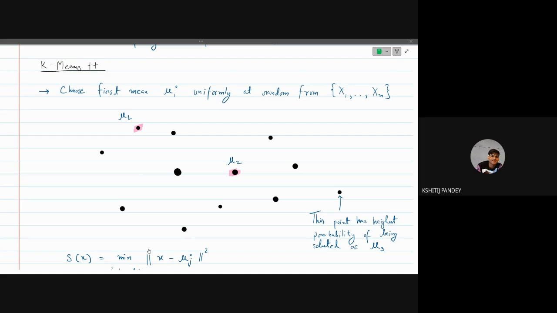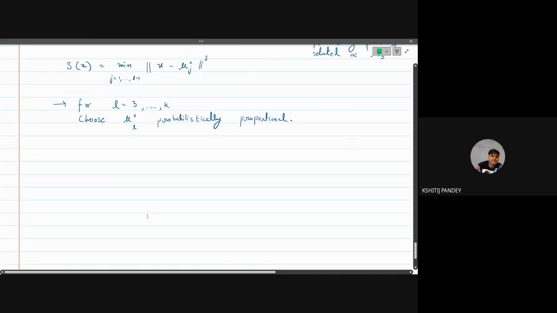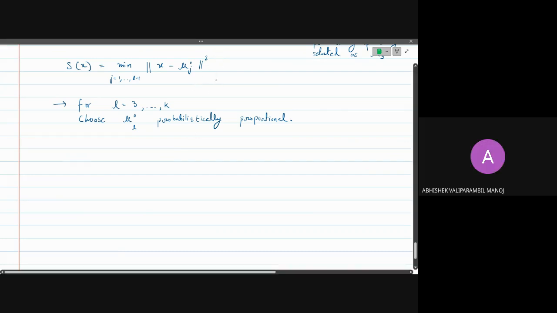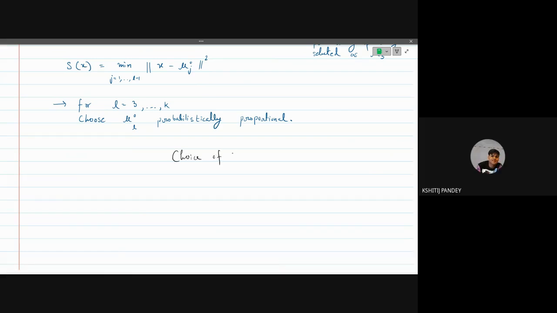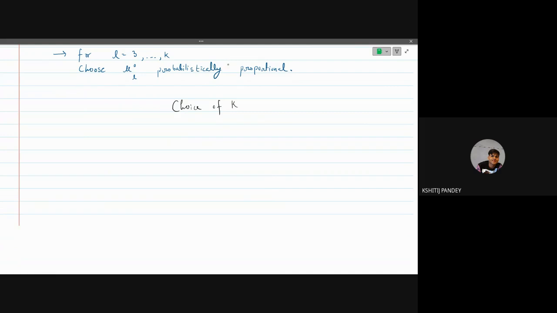Let's see the objective function. Let me write the header first: choice of k. So for the objective function to be minimum, and what is our objective function?